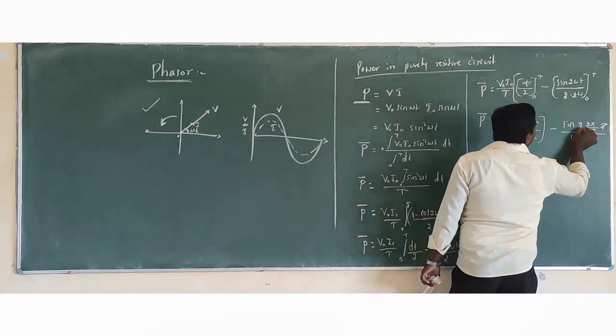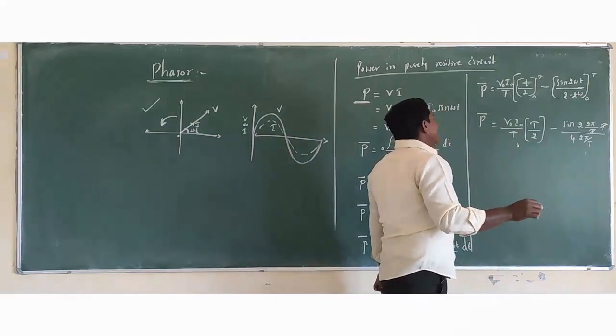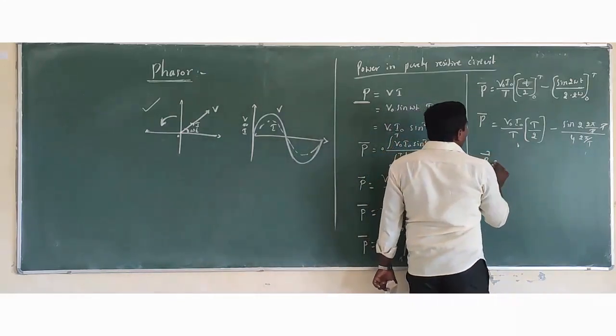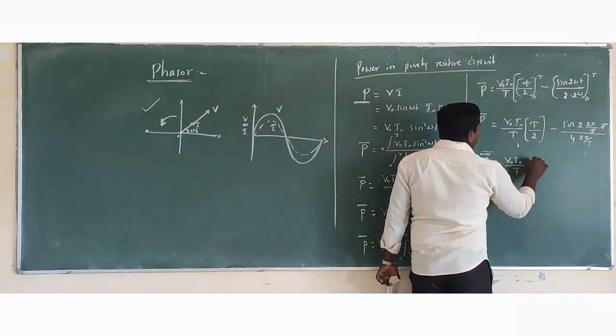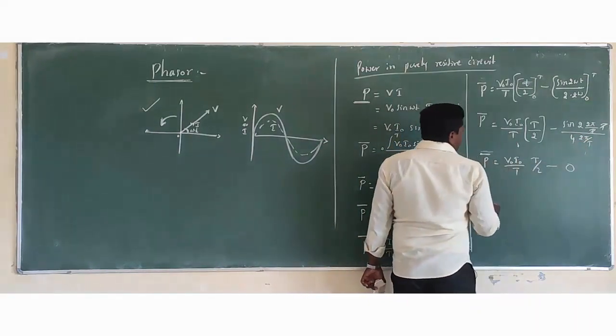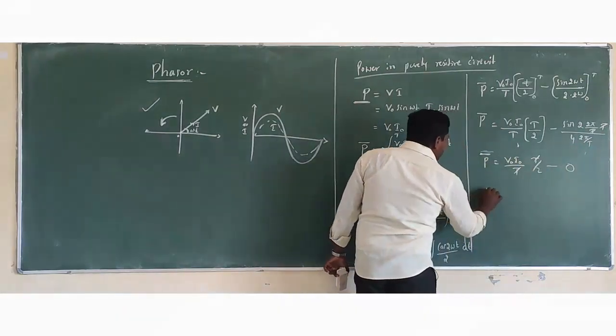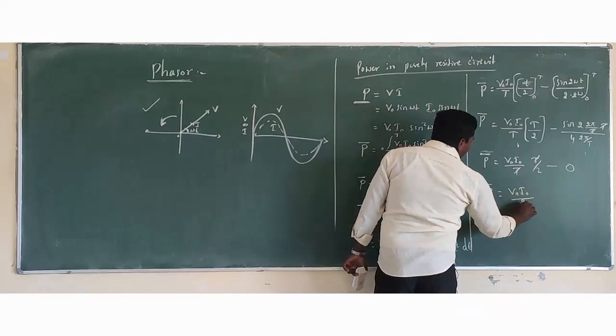So here we are going to get sine of 4 pi value, that becomes 0. Therefore the overall term becomes 0. So here we observe that T gets cancelled. Average power is equal to V naught I naught divided by 2.